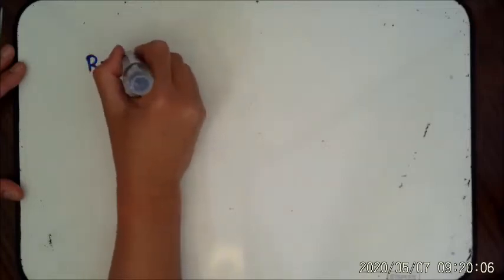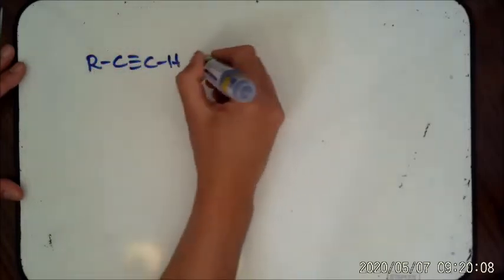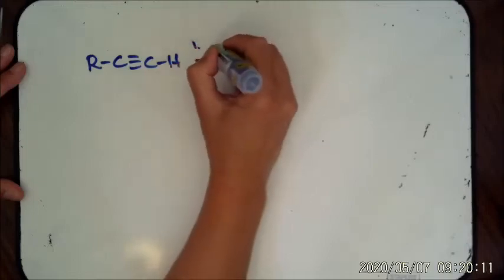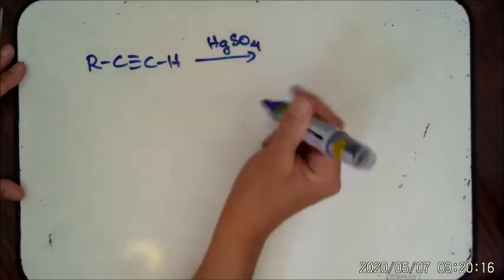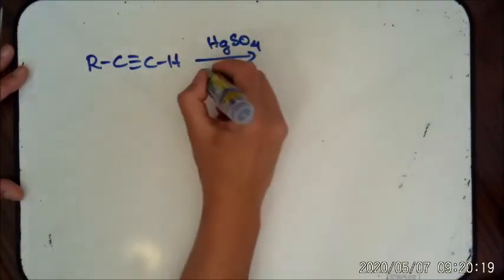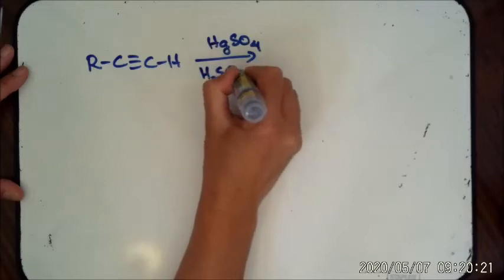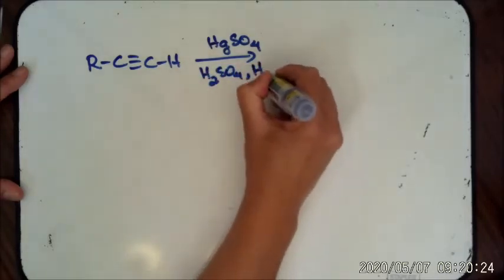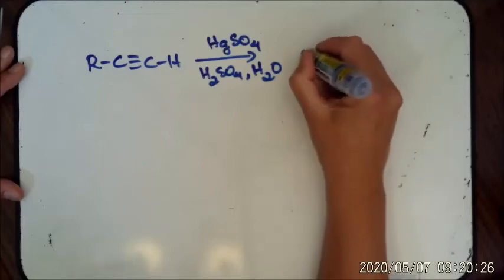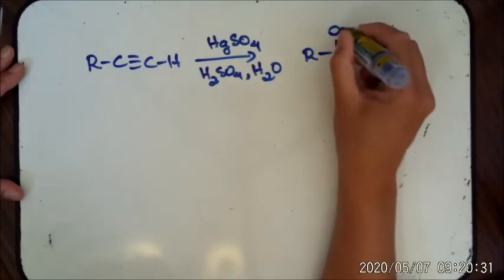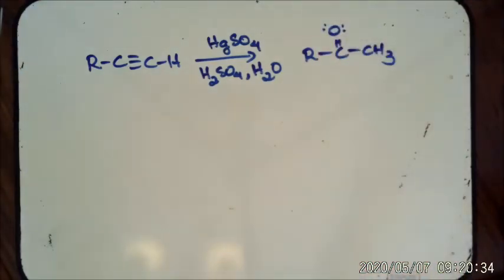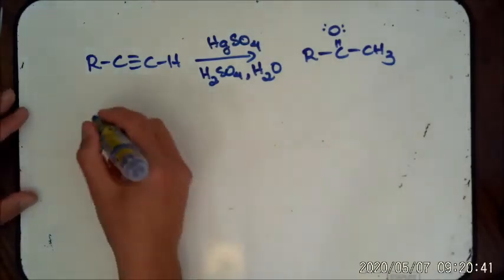So if I have my alkyne and I want to add in the Markovnikov orientation, you're going to have mercuric sulfate, you use sulfuric acid and water, okay, and what you form is a methyl ketone. Okay? You add your water in the Markovnikov orientation, and then it tautomerizes.